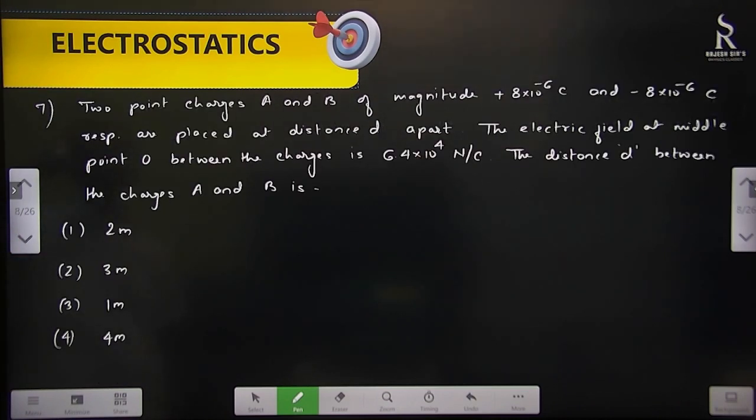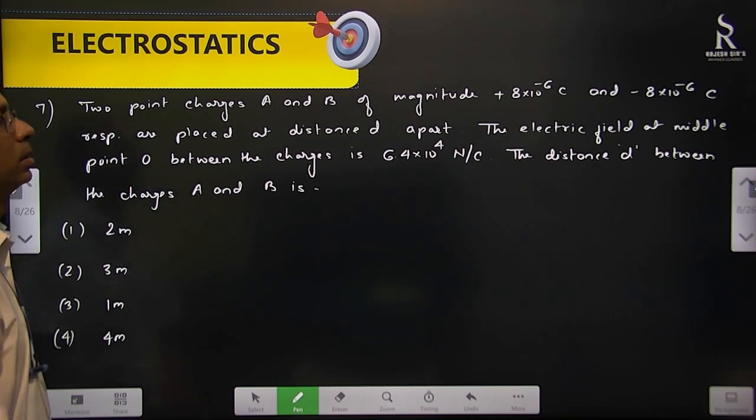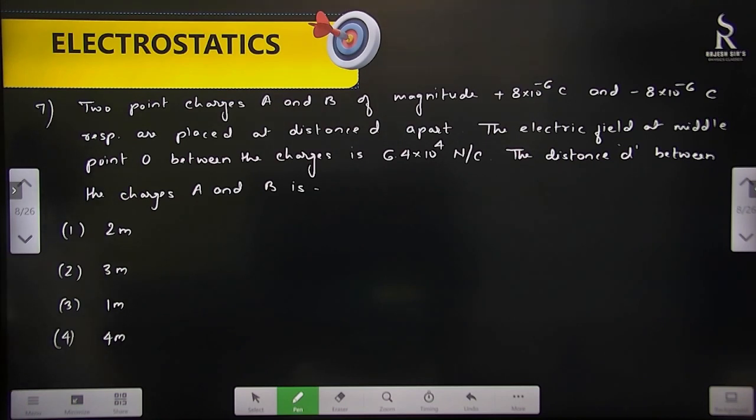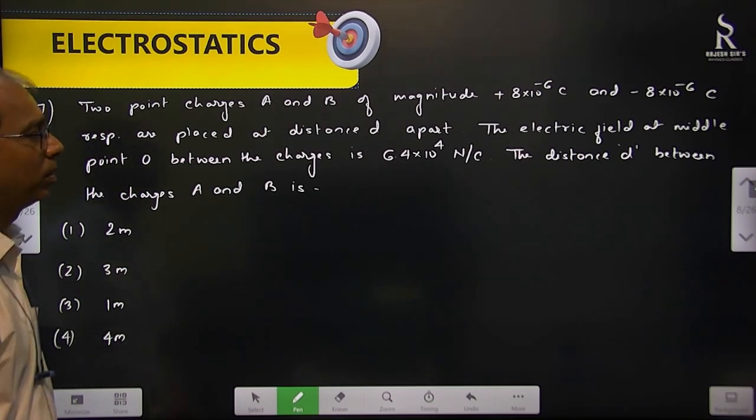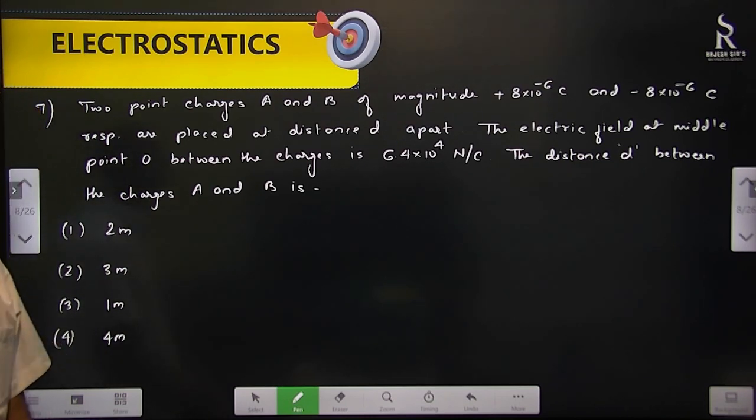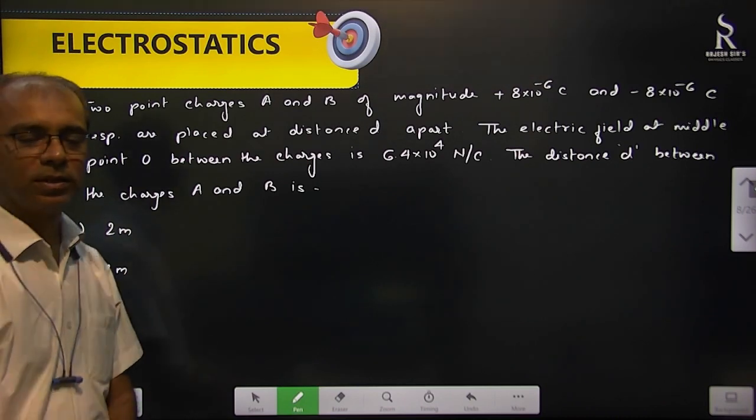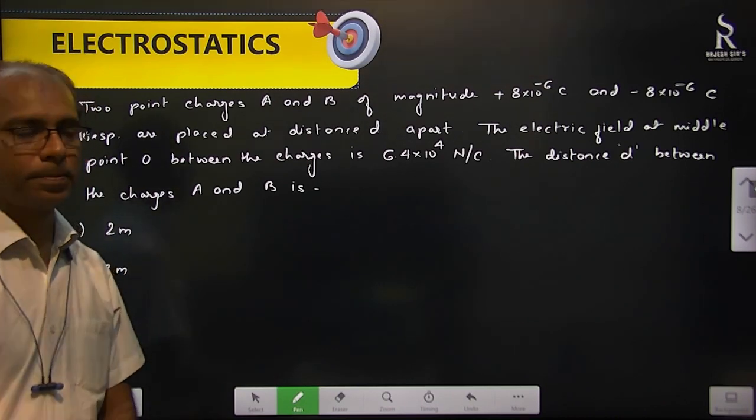What's the next question? Two point charges A and B of magnitude plus 8 into 10 to the power minus 6 and minus 8 into 10 to the power minus 6 coulomb respectively are placed at distance d apart. The electric field at the middle point O between the charges is 6.4 into 10 to the power 4 Newton per coulomb. The distance d between the charges A and B is?